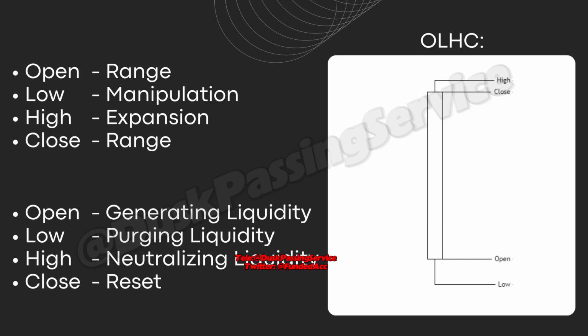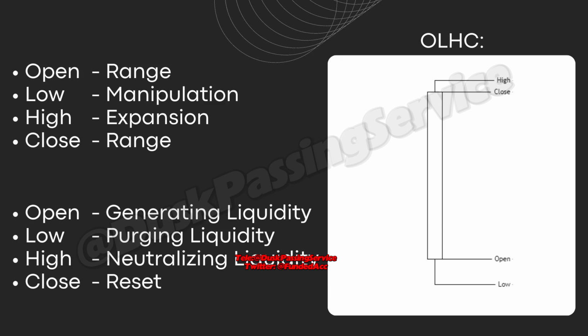For the first half of the day or the first quarter of the day, it literally ranges, and it does that to generate liquidity or open interest. Similarly, when the monthly candle opens, it spends the first week to basically generate liquidity for the rest of the month for monthly range expansion.